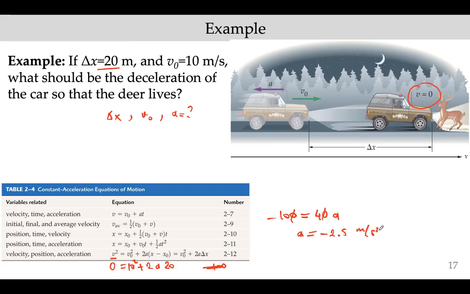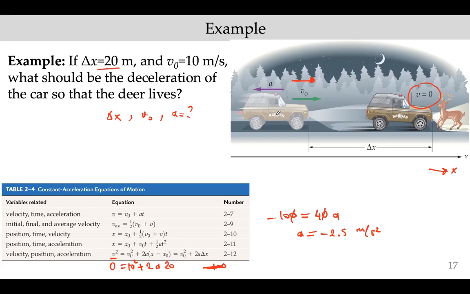If you calculate a from here, a will be negative 2.5 meters per second squared. So this should be the minimum acceleration so that the ranger does not hit the deer. Why is it negative? Because if you look at the coordinate system, this direction is positive. The car is going in the positive direction. If you get an acceleration in the same direction, the car would accelerate, so its velocity would increase, right?